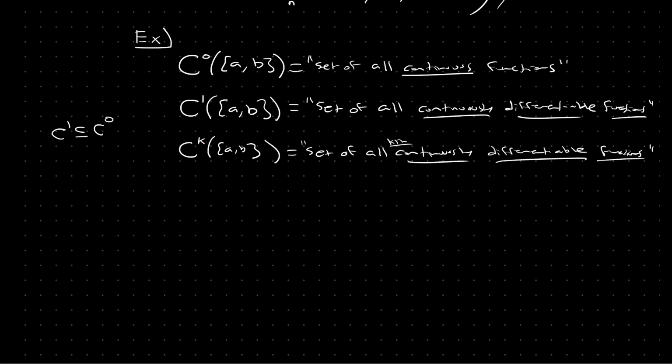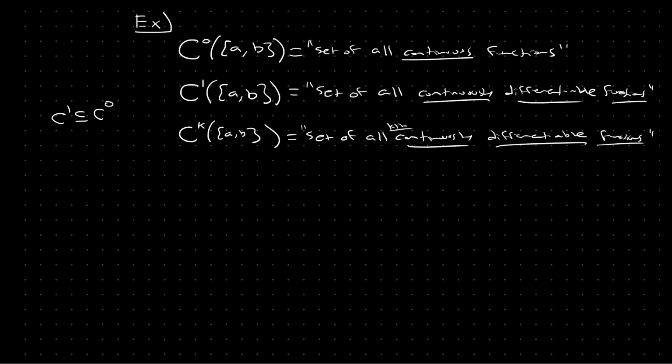This is going to be an important point when we distinguish between what's called a weak minima and a strong minima of a functional. Additionally, we can define generalizations of these sets, because we anticipate that for certain problems, the problem might be solved not in the set of continuous functions, but in the set of all sectionally continuous functions. So this is the set of all functions that are continuous on subintervals of the interval from a to b.